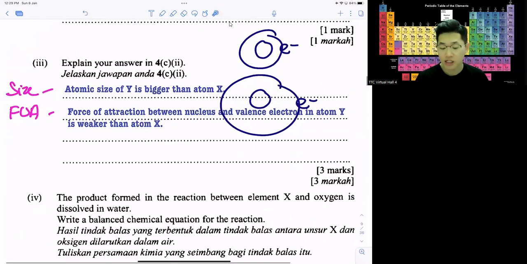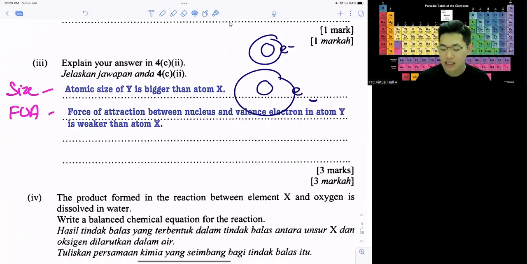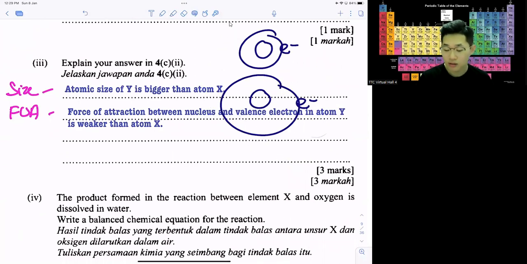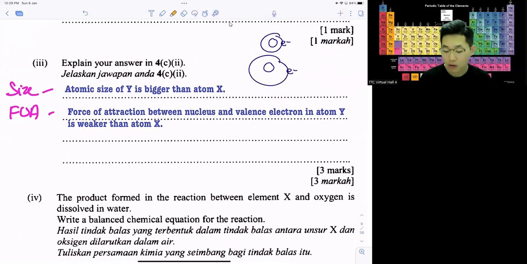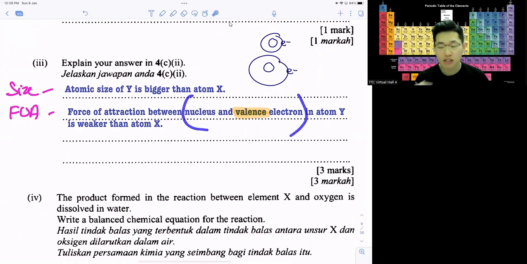Then the force of attraction become weaker. Don't forget 要写 valence, 很重要，要捐 electron 的东西要写 valence.